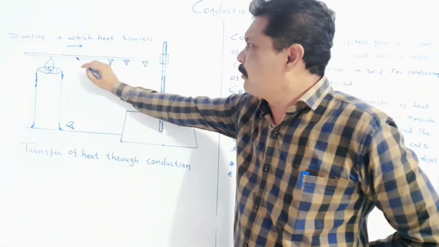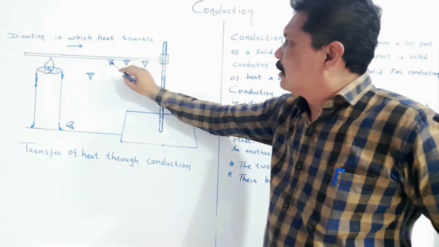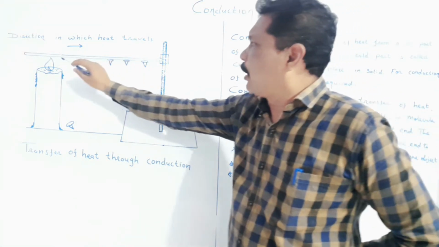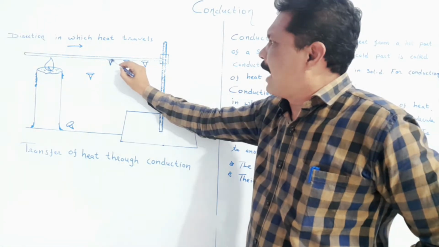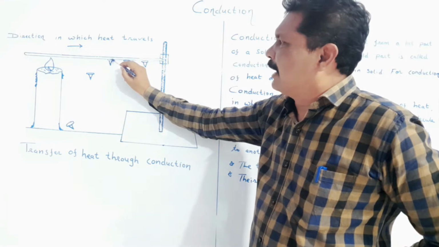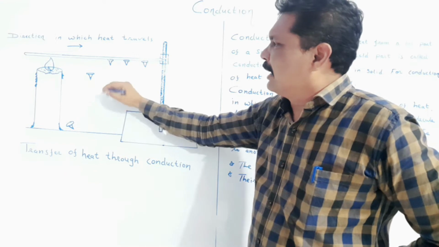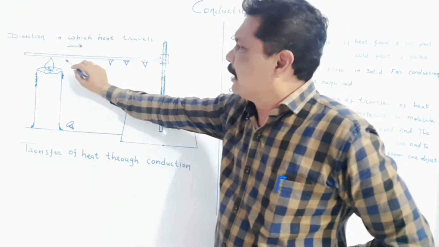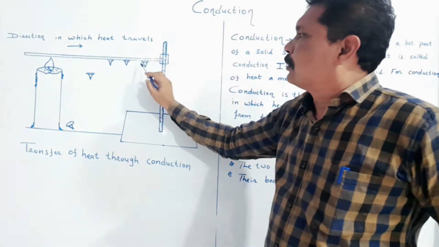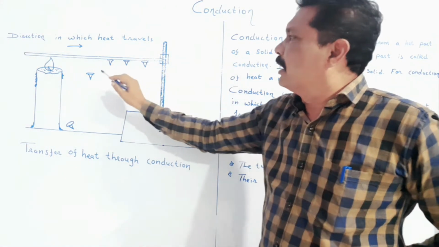Now in the same way, what will happen? The heat will keep on moving from the hot end to the cold end, and due to the heat moving from the hot end to the cold end, the wax which was used to fix the thumbtacks will start melting, and in sequence the thumbtacks will fall from the end which is closest to the hot end to the end which is farthest from the hot end.